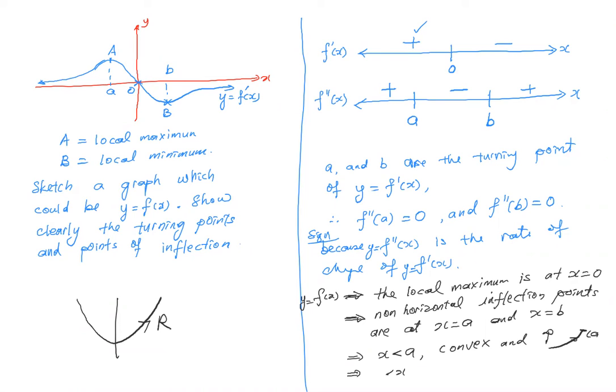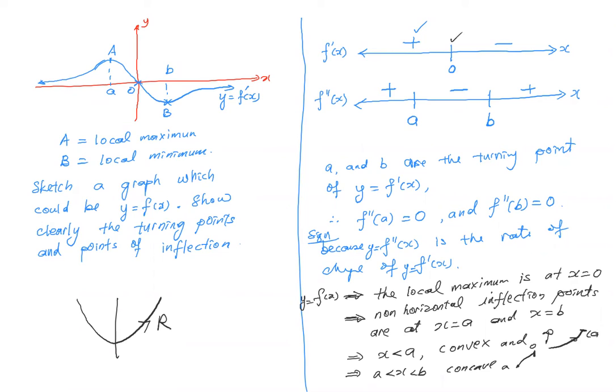For x between A and B, in between there is 0, it will be concave. So that means from A onward here, it will go up until it reaches 0 here.